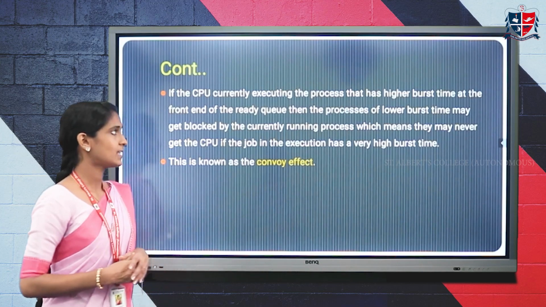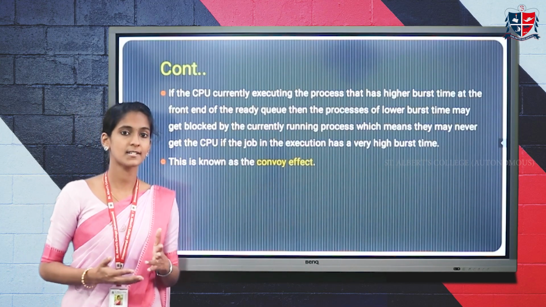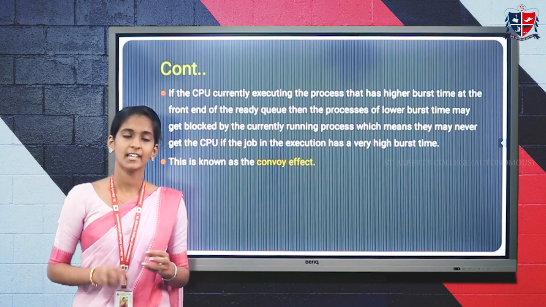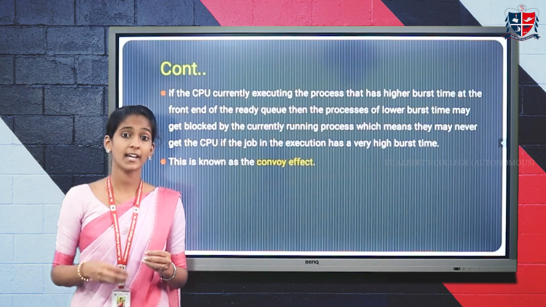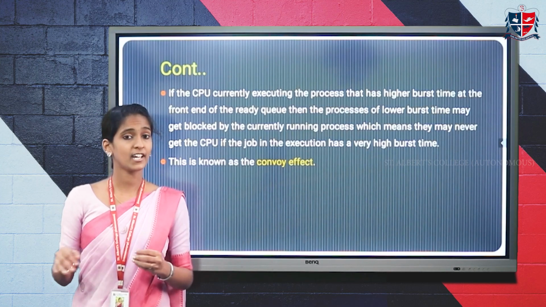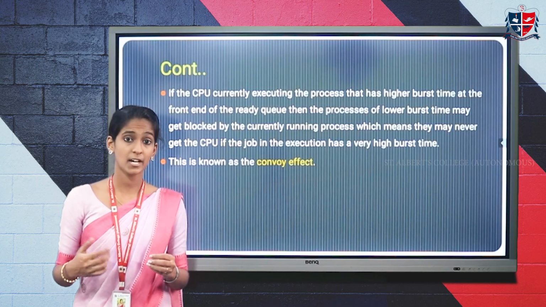It is when the CPU is executing a process with a higher burst time. The burst time means the execution time of a process. Suppose the CPU is executing a higher burst time process, and in the ready queue there are also higher burst time processes.